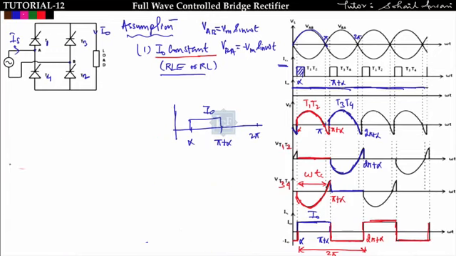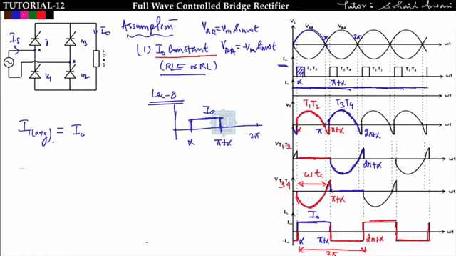Okay, now find the average thyristor current and RMS thyristor current. IT average is nothing but, see here, the conduction angle is like this. I have already explained how to find the average value and RMS value in lecture number 8, on rectifiers and their classification. See the last 5 minutes of lecture number 8, and you will understand how to find the average and RMS value of a square or rectangular pulse.